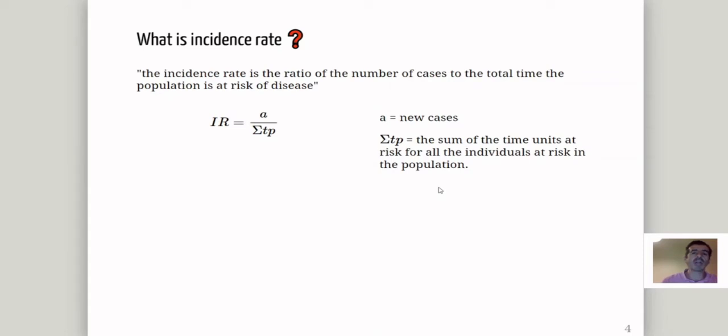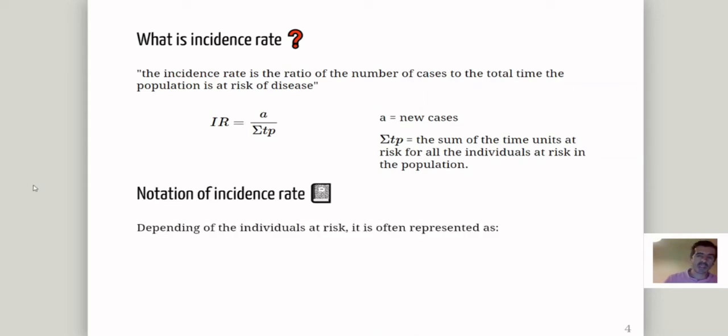Before we move to the example, let me show you a few important things about the notation of the incidence rate, because it has to do with the interpretation. The interpretation of the outcome is important in incidence rate, because it's a kind of jargon, the way we express the output of the incidence rate. So the output often is represented as calf weeks if we are talking about calves, and if we are measuring the disease in weeks.